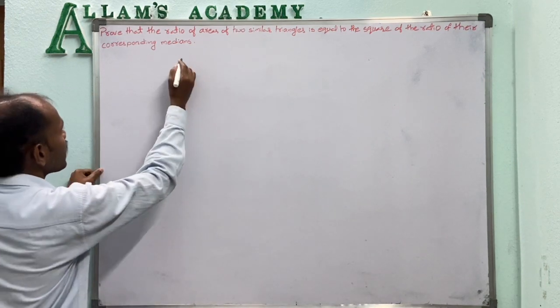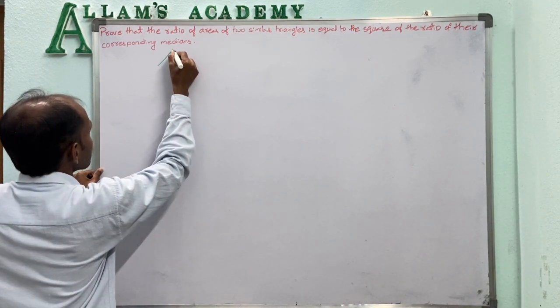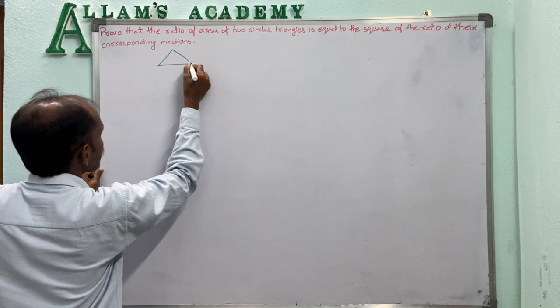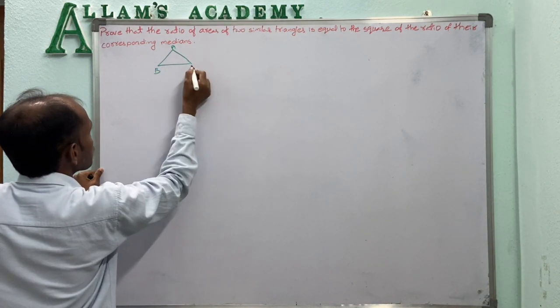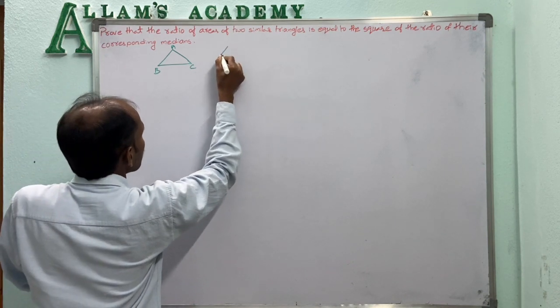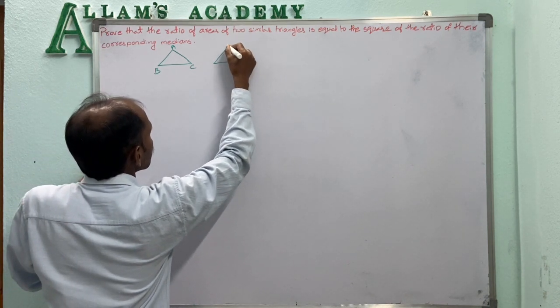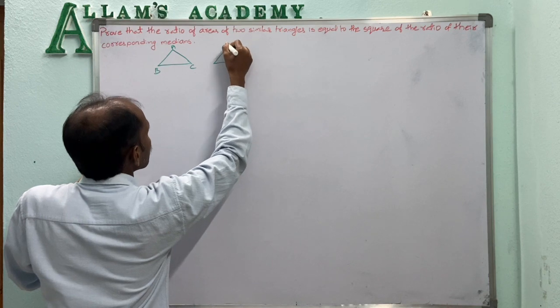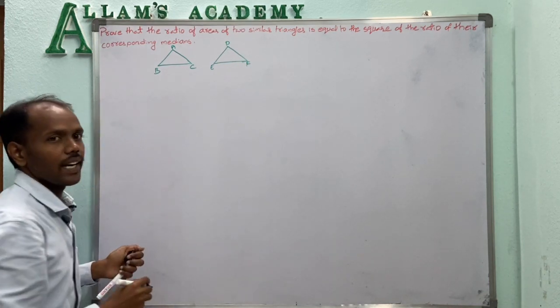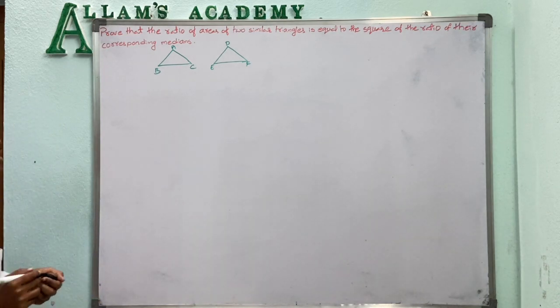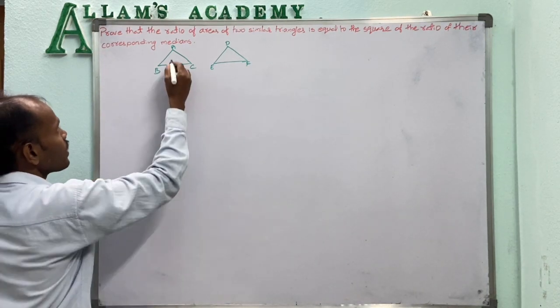So now we are taking two triangles that are similar: A, B, C, one triangle, and D, E, F, another triangle. In these two triangles, we take two medians.